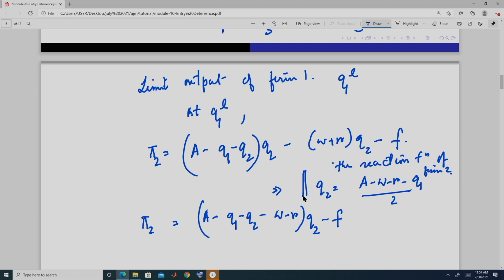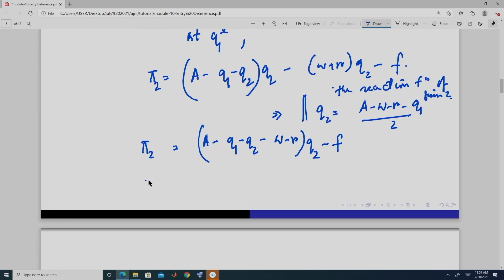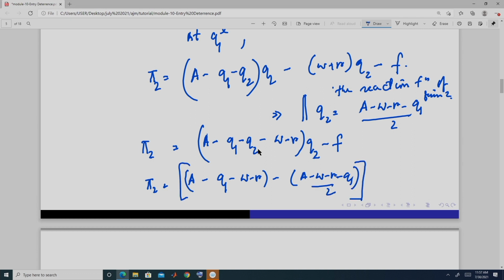This is the reaction function of firm 2, and we have got this. So, plug in the reaction function here.